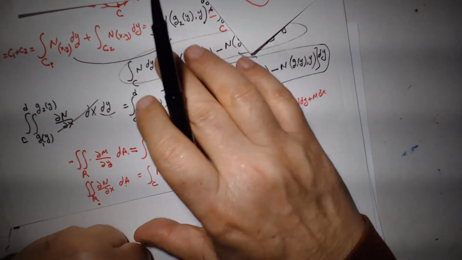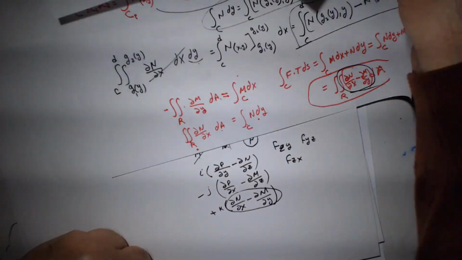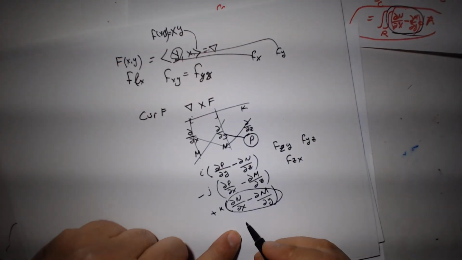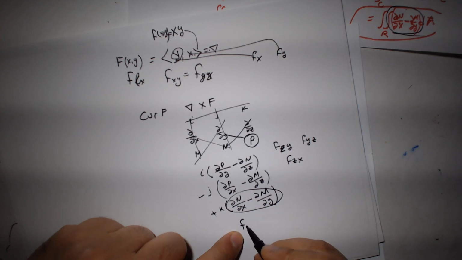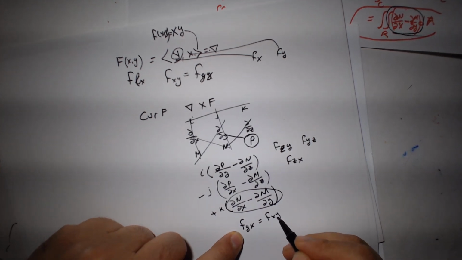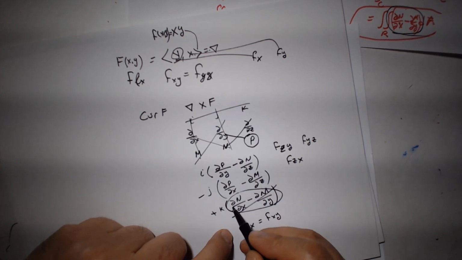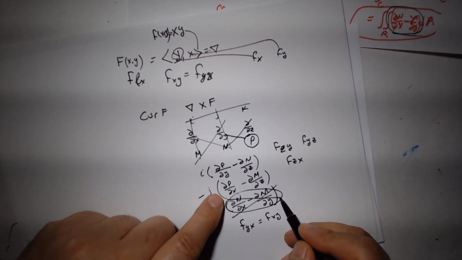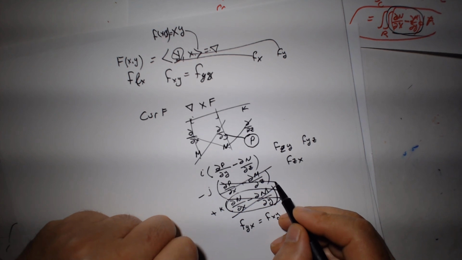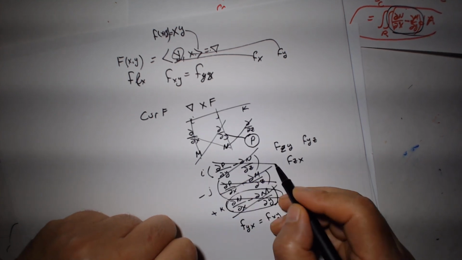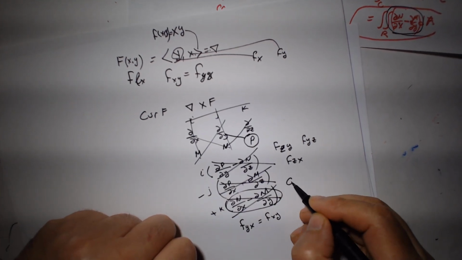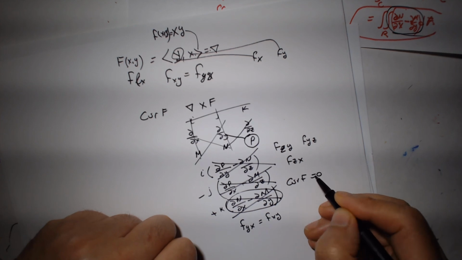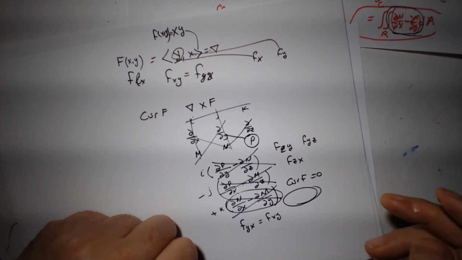Then, if this is conservative, f of yx should become equal to f of xy. And if these become equal to each other, that becomes 0. If it's conservative, that becomes 0. Therefore, for a conservative field, the curl of the vector is 0, meaning there is no rotation whatsoever.